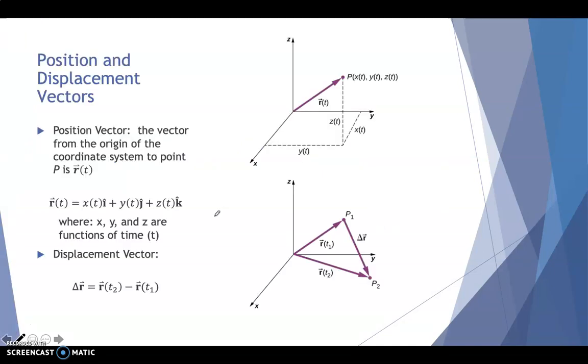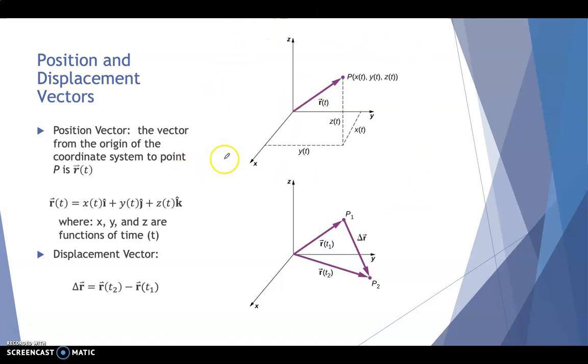Alright, so the first thing I want to go over is the position and displacement vectors. The position vector is the vector from the origin of the coordinate system to some point, P, and it is r of t, r bar of t we can say. And it looks like this if we're looking at it in a graph.